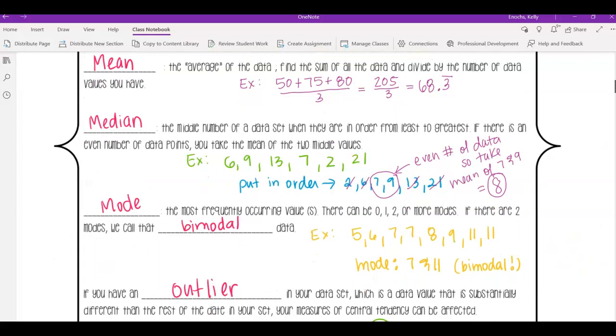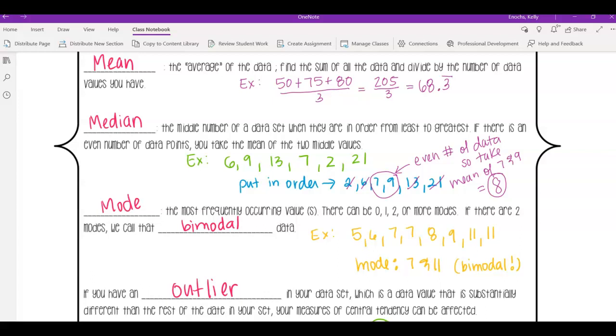The third middle number we're going to talk about is the mode, and that's your most frequently occurring value. Mode is not exactly helpful for finding the middle, but it is helpful to tell us how many times something occurs. You can have multiple modes, you can have no modes. So, mode is kind of an interesting thing. You're just looking at your data sets and finding out which numbers occur the most times.